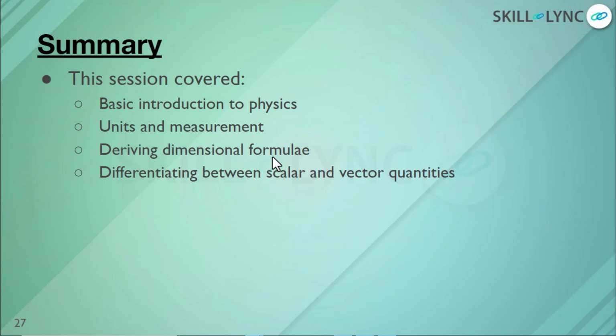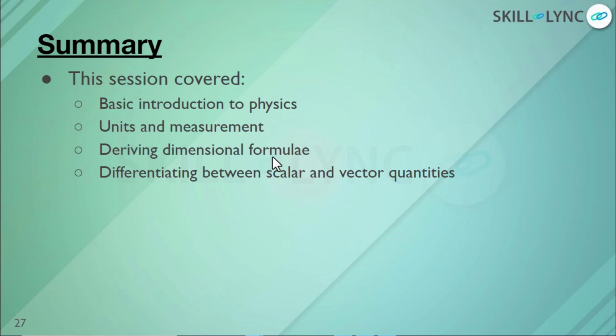The next thing we have learned is deriving dimensional formulae. We have learned that the dimensional formula of velocity is LT minus 1. Further, we have studied differentiating between scalar and vector quantities. Scalar quantities are the ones which have magnitude only, like mass and temperature, and scalar quantities can be added with the general algebraic rules of maths.